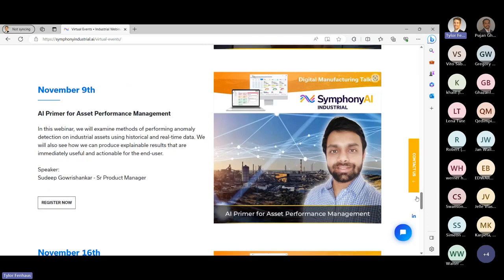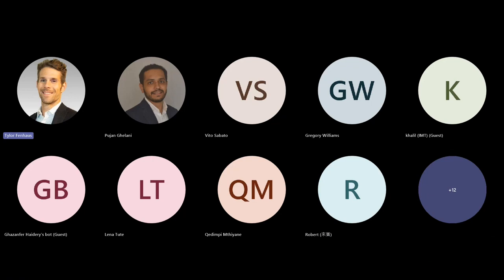All right, so let's take a look at the chats. Pujan, I'm not sure if you had a chance to look, but first let's get to some of these direct messages that I received. First question: who has access to the Digital Twin Studio? The Digital Twin Studio can be accessed by all users.